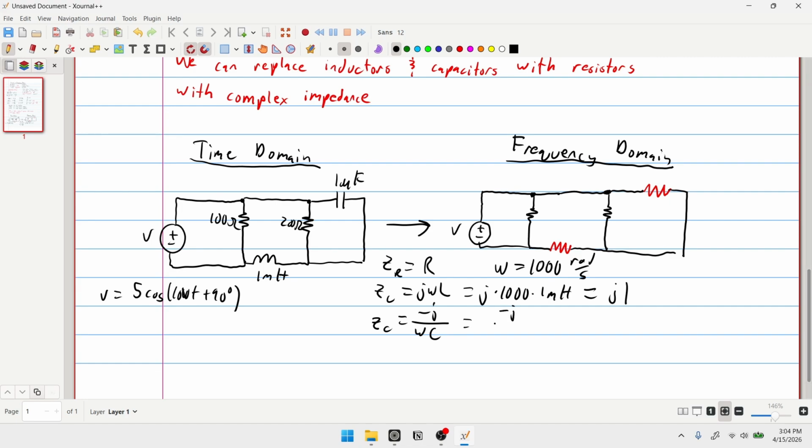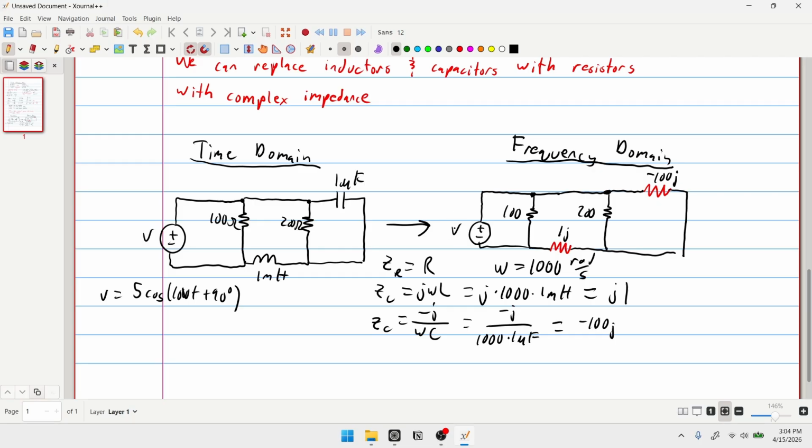We have negative j over 1,000 times 1 microfarad. We get that this has an impedance of negative 1,000j. And so we can just plug those in. So negative 1,000j, 1j, and then here we have just the same, and this will stay the same.